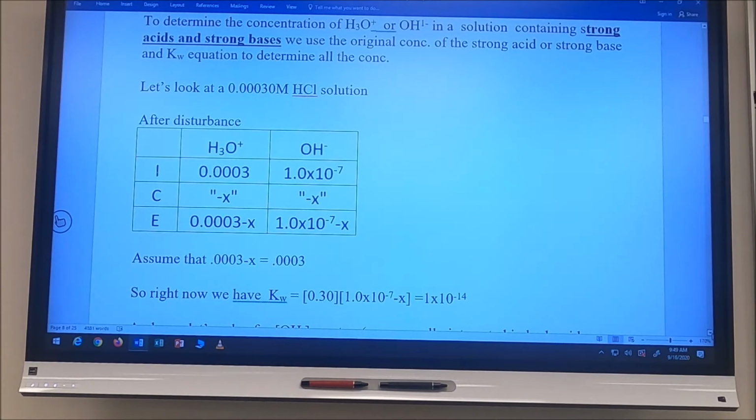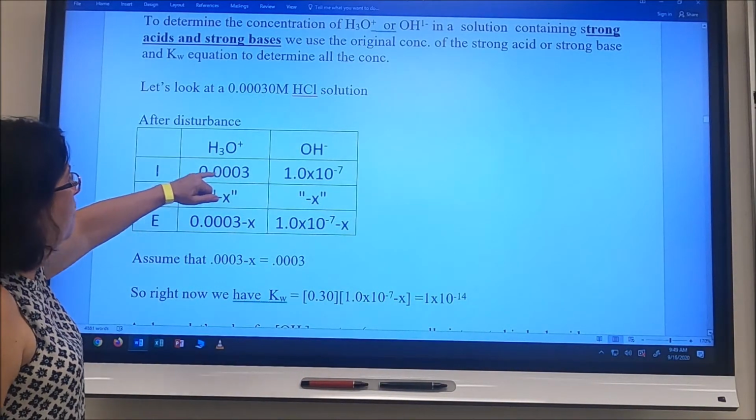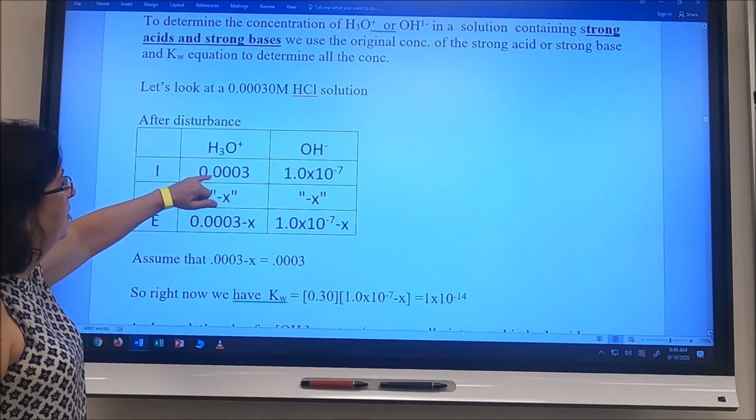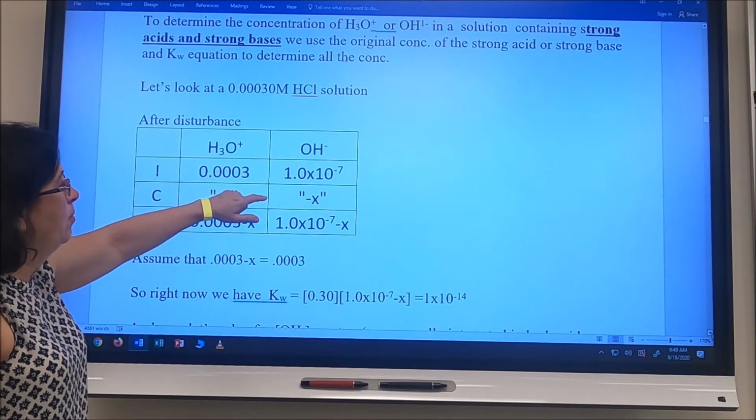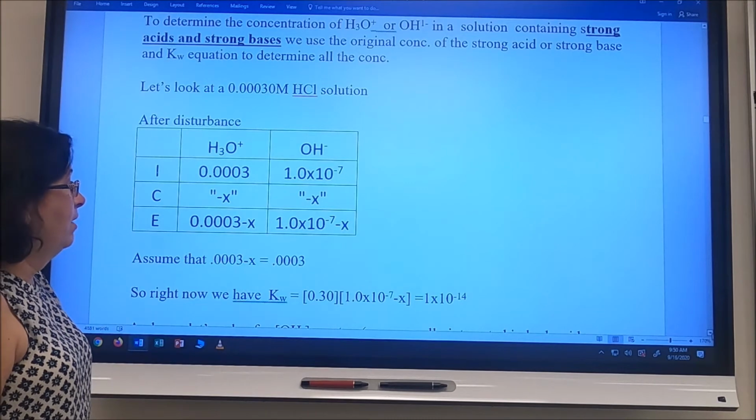So if we look at dissolving hydrochloric acid, creating a solution of 0.00030 molar, then if we look at the moment right after the disturbance, the concentration of hydronium ions is 0.0003 molar. Hydroxide is 1 times 10 to the minus 7.